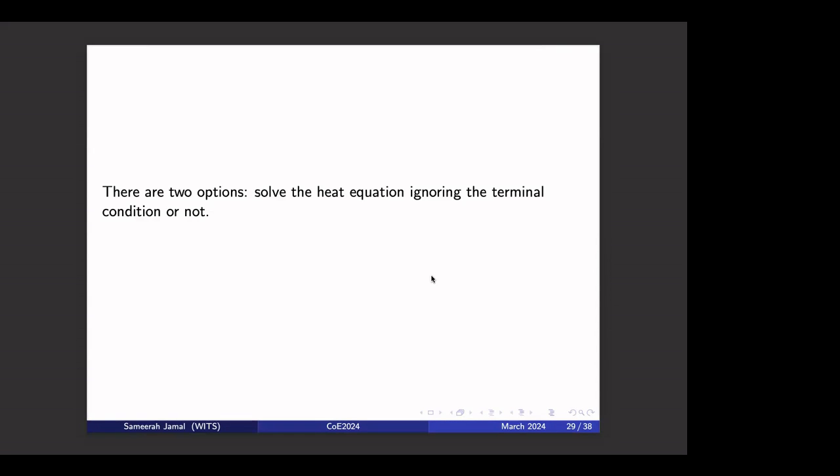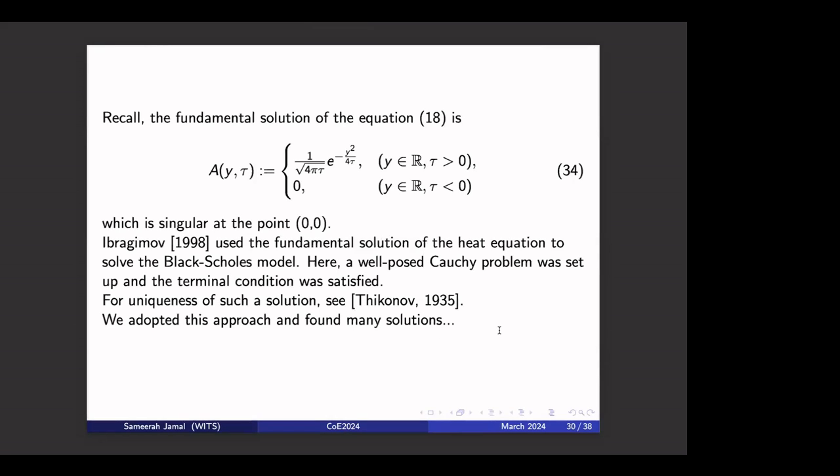The advantage of having a simple equation like the heat equation is that it has the fundamental solution called the heat kernel that one can use to solve an initial value problem. So the well-known fundamental solution here is given by equation 34. Actually, I should have called this omega. Anyway, this is the fundamental solution.